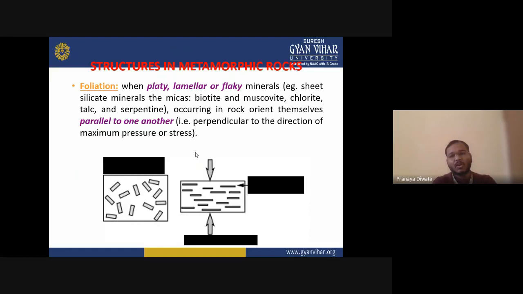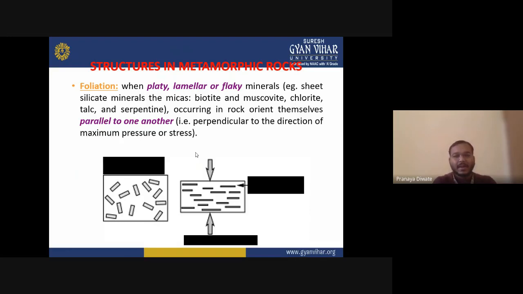So these are all rocks having platy, lamellar or flaky minerals. So you have a foliation. So what is the foliation doing?